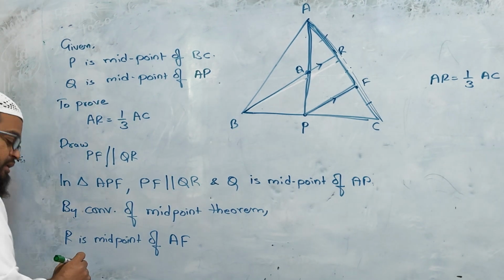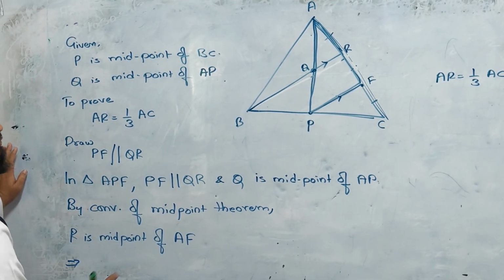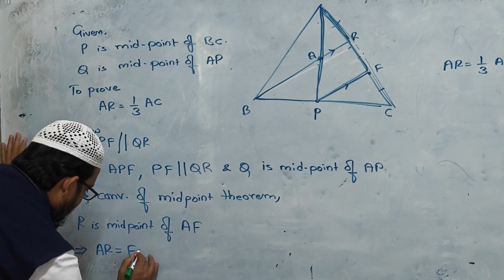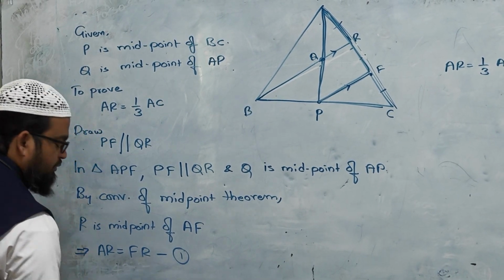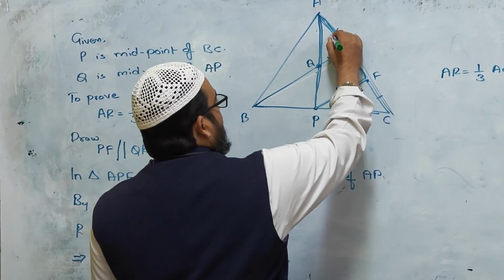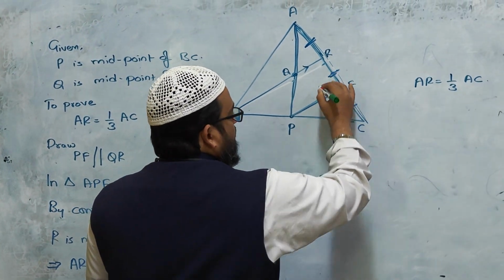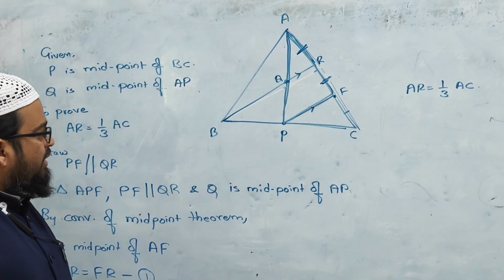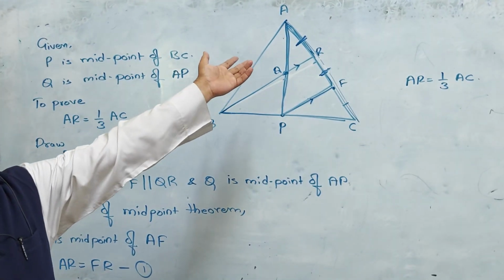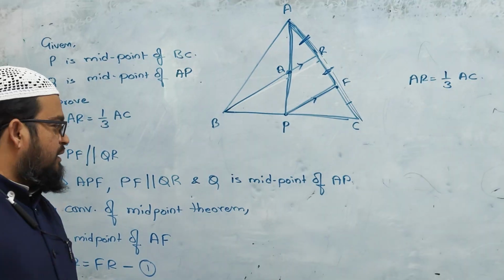Is it right? So that implies AR is equal to FR. This is first equation. Understood? Did we get these two are equal? Yes. Now if I prove that these two are equal, then we can say that it is trisected.